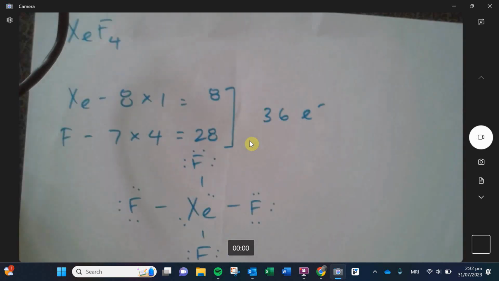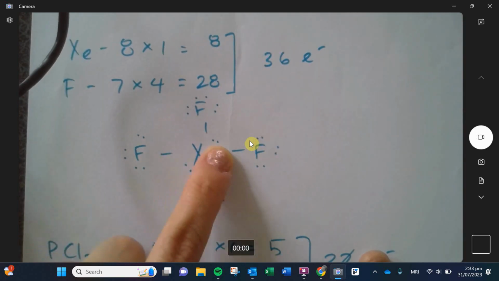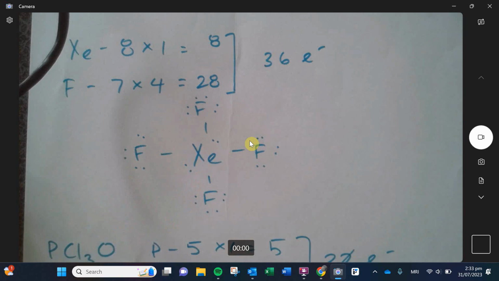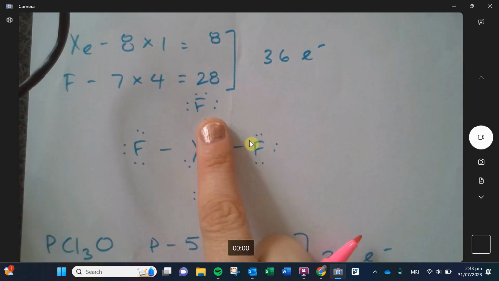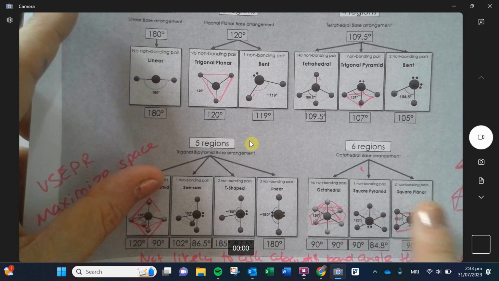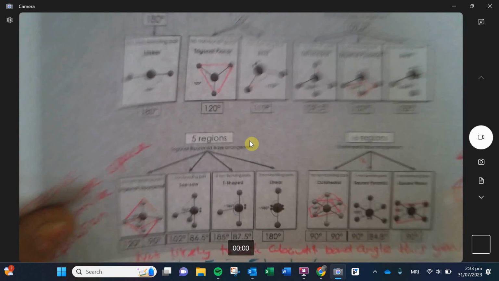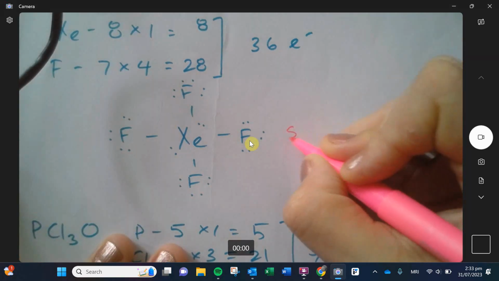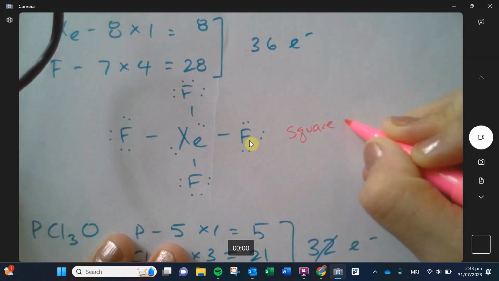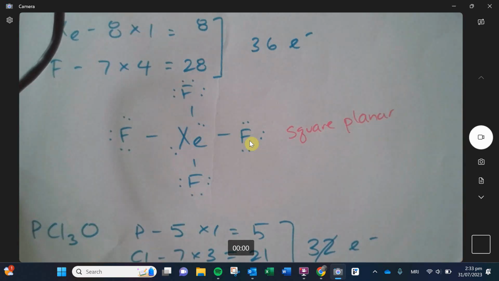All right, this one over here, we have 1, 2, 3, 4, 5, 6 regions of electron density. 2 of them are unbonded, 4 of them are bonded. So 6 regions, 2 non-bonding pairs. So this one will result in a square planar. You don't have to draw it, and you got to justify the shape.